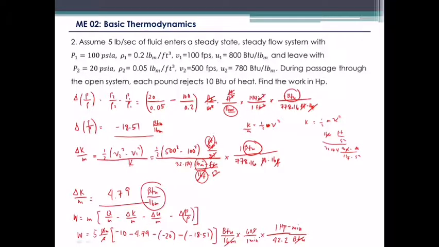BTU cancels, minute cancels, so the unit is in horsepower. So that you have now your steady flow work of 168.63 horsepower. That is now the final answer.